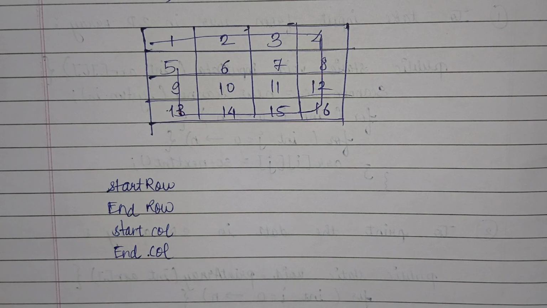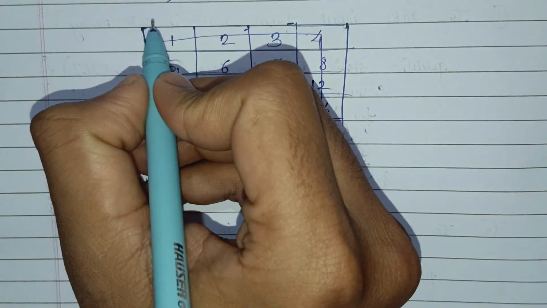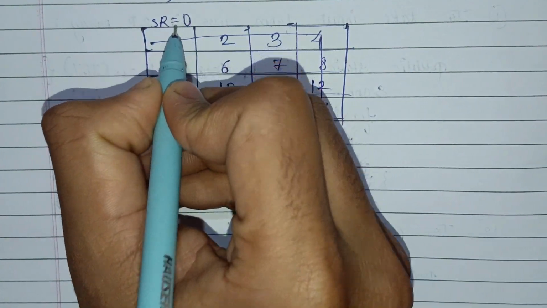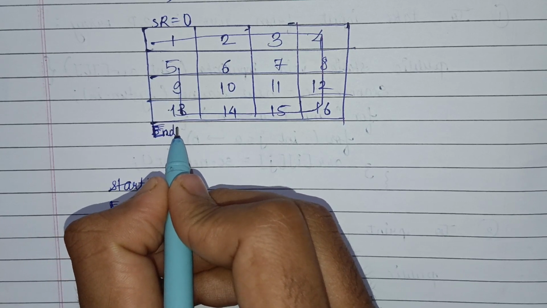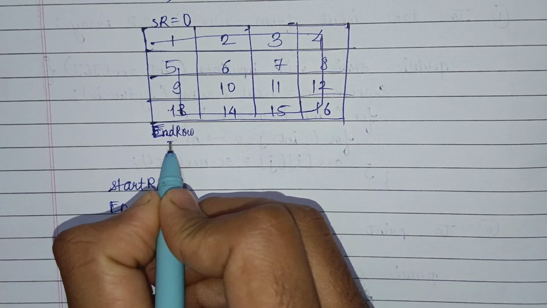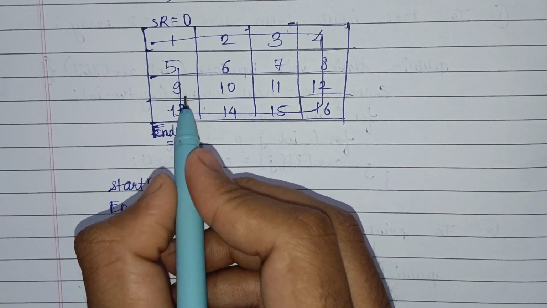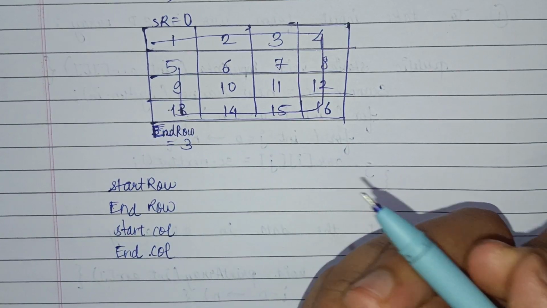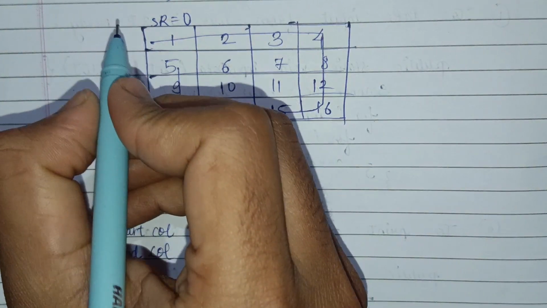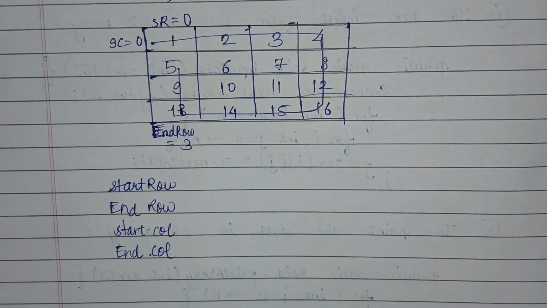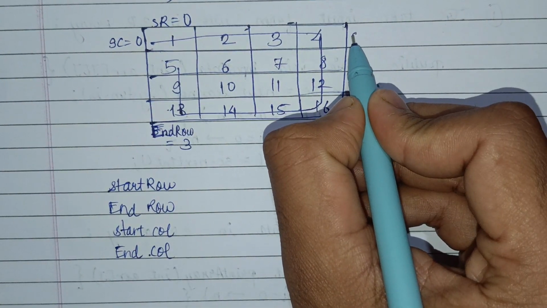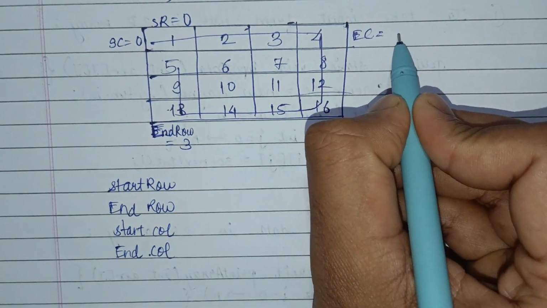So for this outermost border, our starting row will be 0, ending row is equal to 3 because this is the row. Then starting column will be 0 and ending column will be 3.